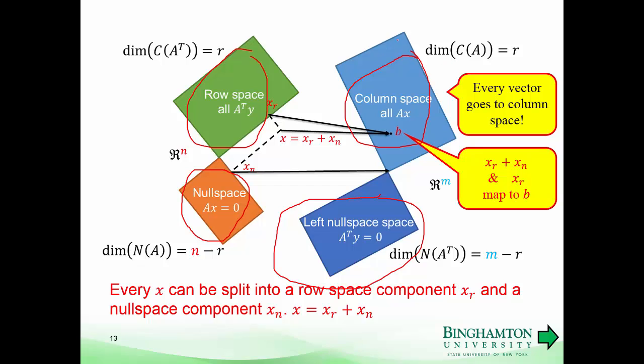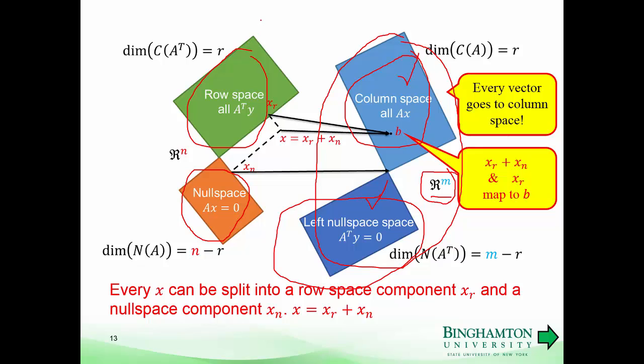And we've talked about how these two blue ones combine together through the orthogonal complement mechanism to create the entire space Rm. So it would make sense that the basis for the whole space must consist of a union of the basis for the column space with the basis for the left null space.